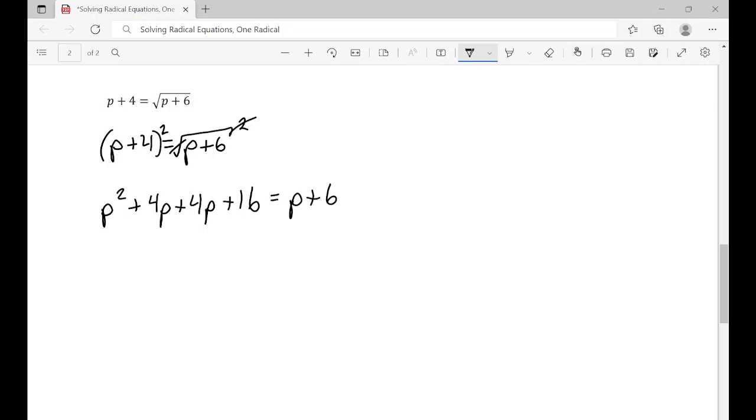Combine like terms, p squared plus 8p plus 16 equals p plus 6. And I'm going to solve for p. I'm going to move p and 6 over so I can get all on one side as a quadratic. So p squared, subtract p over, 7p, subtract 6 over, plus 10 equals 0.